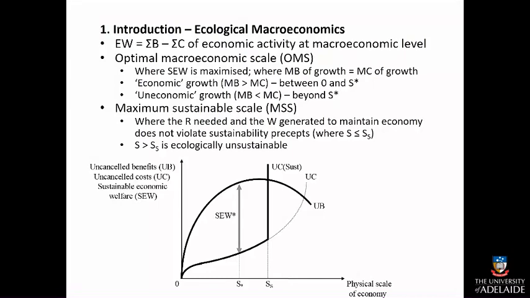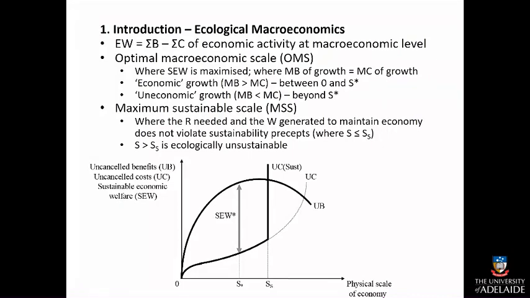So we've got a scale S which is less than or equal to SS, but of course only one of those scales is the optimal scale, and that is S star, and that's where sustainable economic welfare is maximised. That's the vertical difference between the uncancelled benefits and uncancelled costs of economic activity at a given scale, and that's maximised where the marginal benefit of growth is equal to the marginal cost of growth.